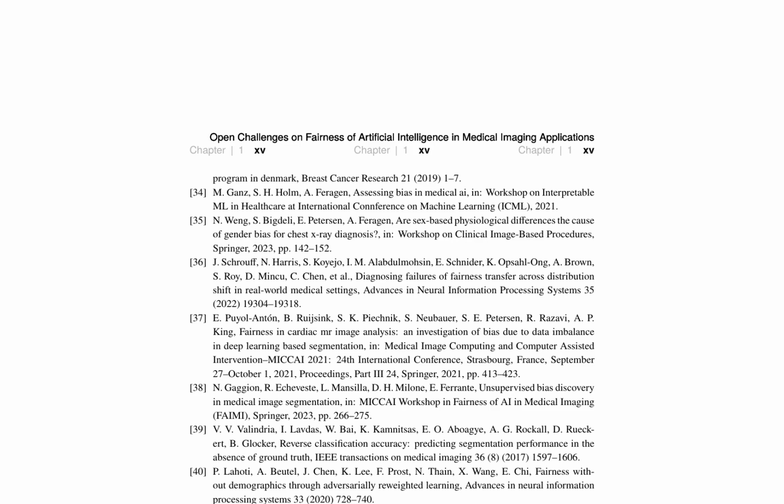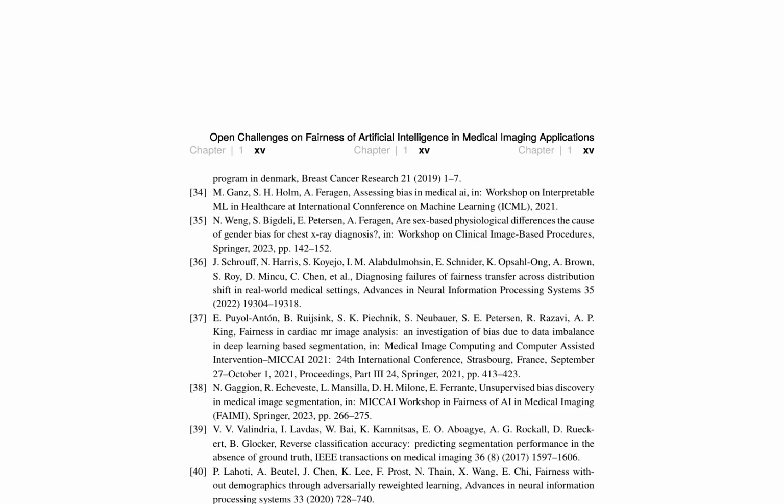The paper discusses open challenges on fairness of artificial intelligence in medical imaging applications. It highlights the importance of understanding and addressing bias in AI systems, particularly in healthcare where decisions can have significant consequences for patient outcomes. The authors provide a comprehensive overview of various studies that have investigated bias in medical AI, including gender bias for chest X-ray diagnosis, fairness in cardiac MR image analysis, and unsupervised bias discovery in medical image segmentation.